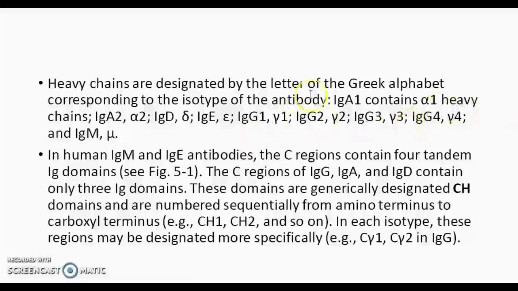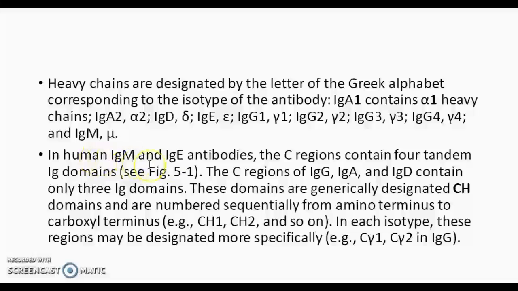And here are the other designated names, Greek letters corresponding to the isotypes. IgA is alpha, with IgA1 called alpha 1, IgD equals delta, IgE equals epsilon, and IgG equals gamma, and so on.